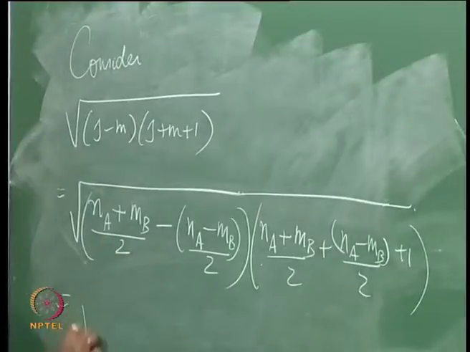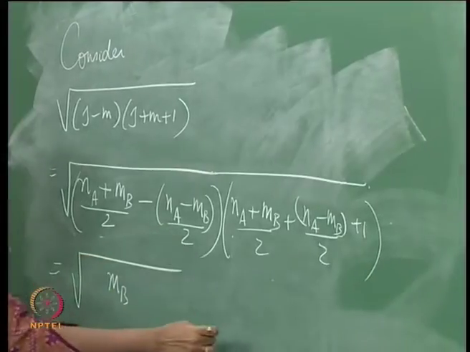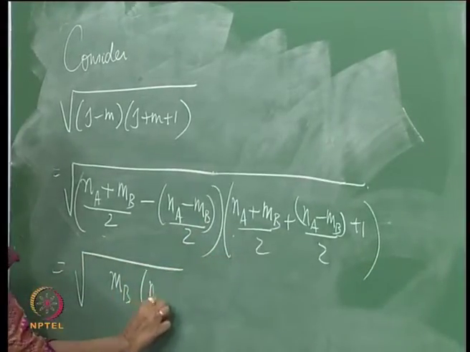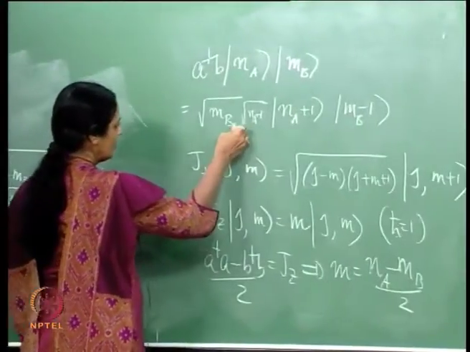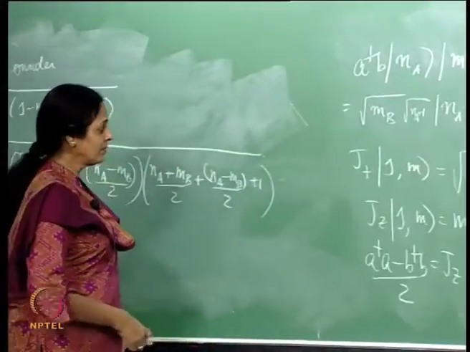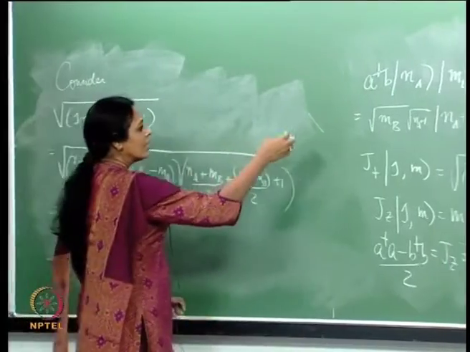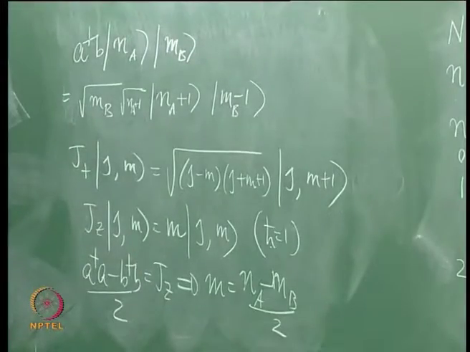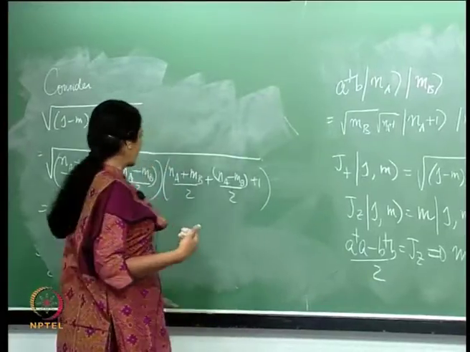So, this is just going to be root of MB from here, and this just gives me an NA plus 1, which is what I have here. And therefore, it is clear that when A dagger B acts on this, it acts precisely in the manner in which the angular momentum raising operator acts.